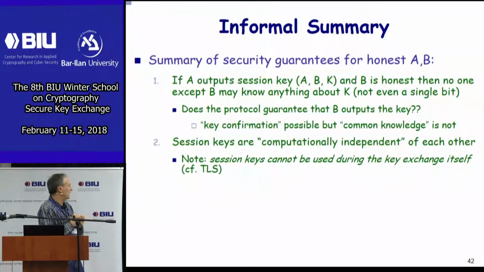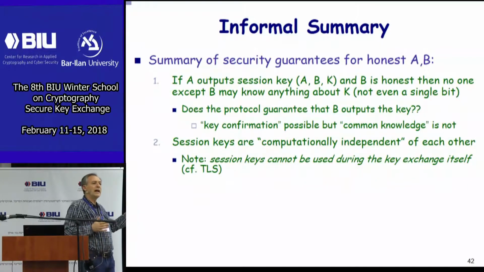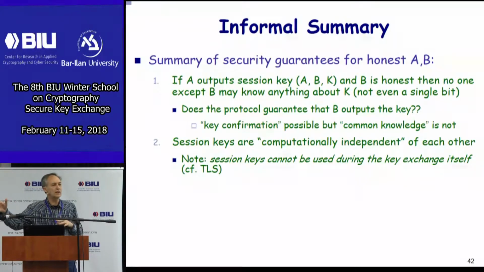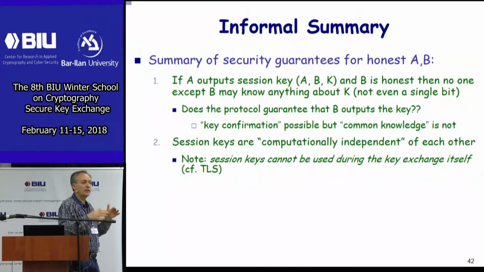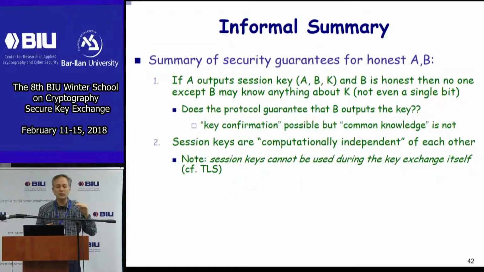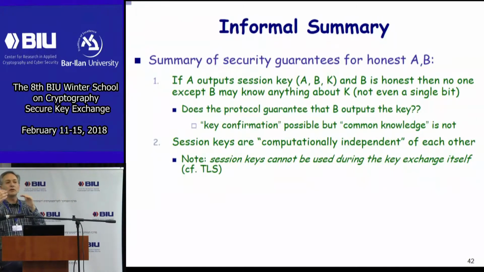By the way, does the definition guarantee that if Alice outputs the key, then Bob also outputs the key? So the basic definitions that we use don't guarantee that. You can add what is called key confirmation, where Alice waits for Bob to send something related to the key so she knows that Bob computed the key.